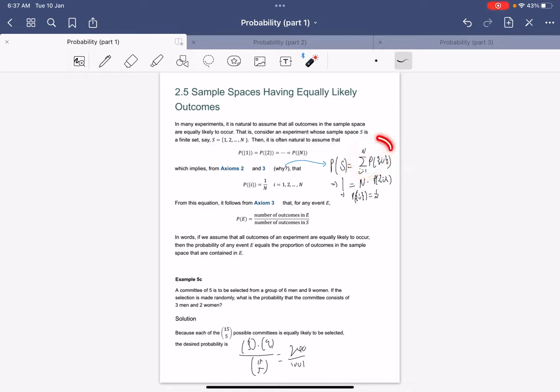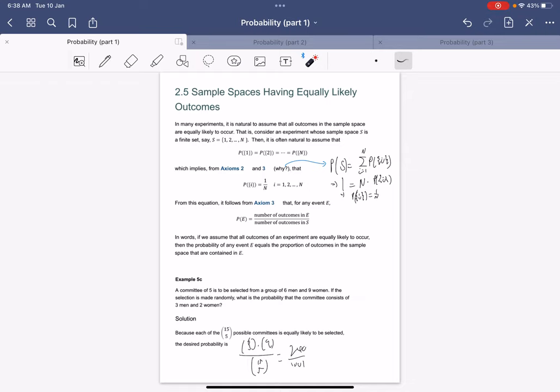Since each event of occurring is the same, it is n times the event of 1 occurring, and so the event of 1 occurring is 1 over n. And this gives us that the probability of any event occurring is the number of outcomes in the event over the total number of outcomes. And that is what our naive definition of probability says.